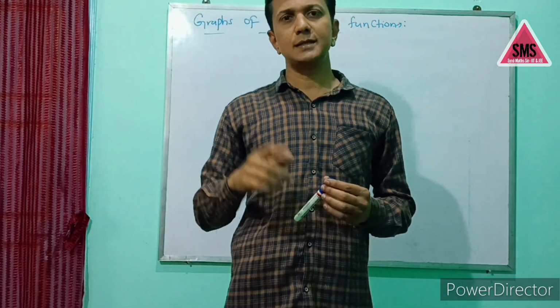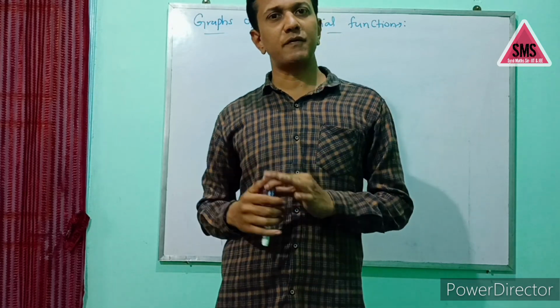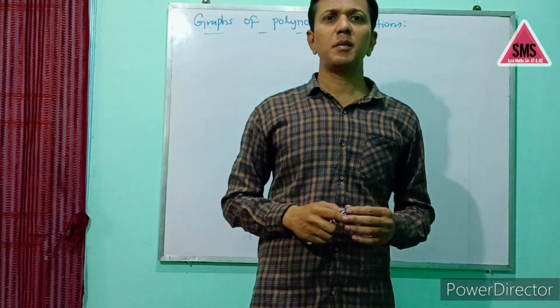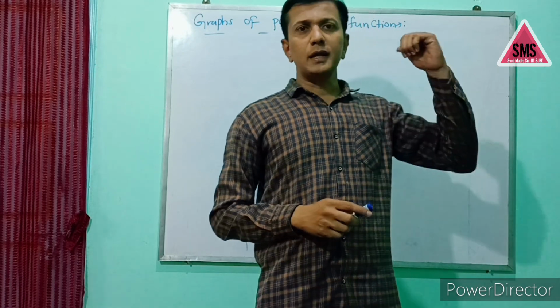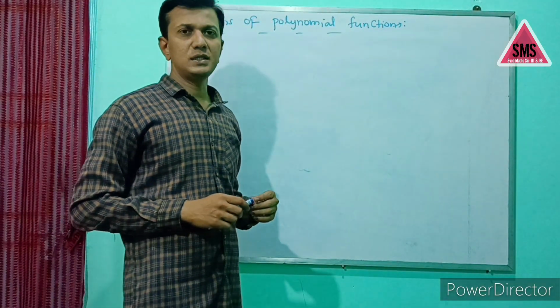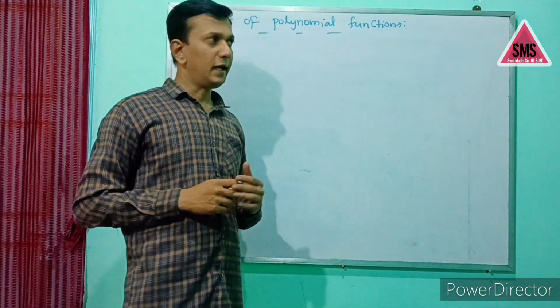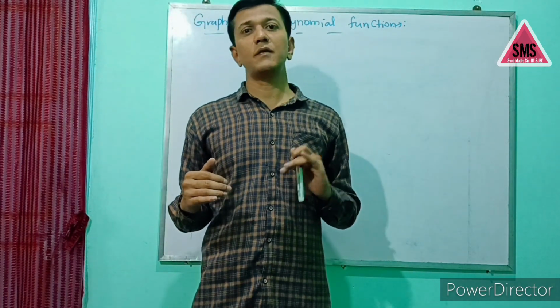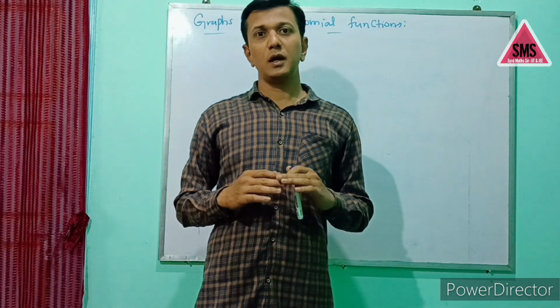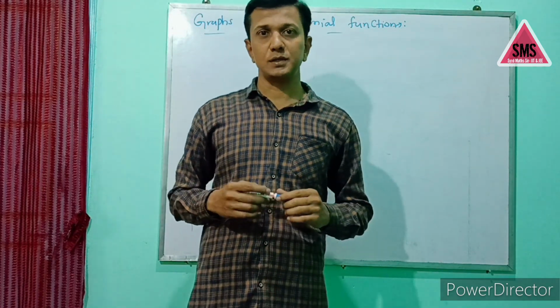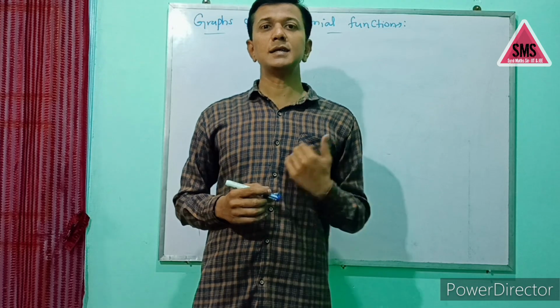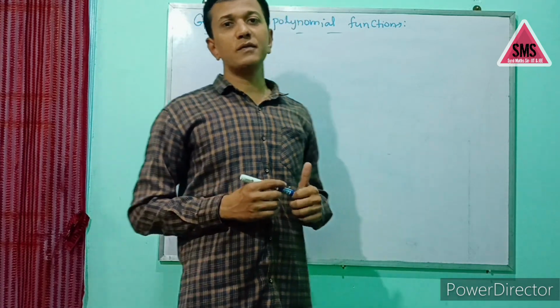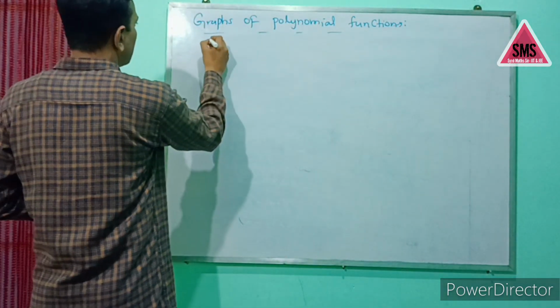Cubic polynomial, it is a curve which is touching the x-axis at 3 different places. Similarly, the remaining others. Now in this graphs of polynomial functions, we shall see where the curve is falling, where the curve is rising, based on some conditions.